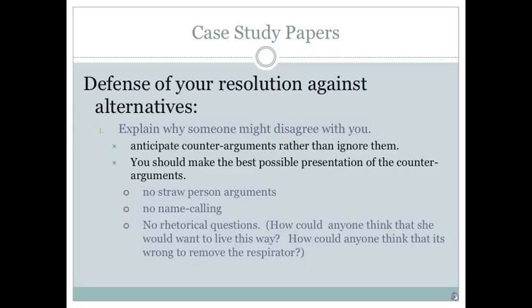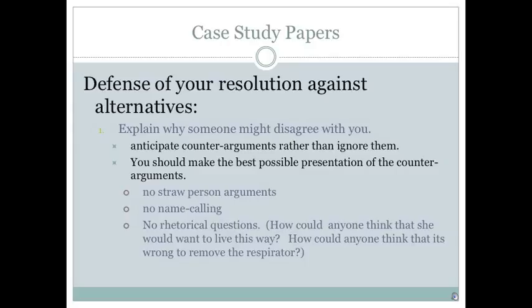You should avoid name calling. Simply labeling a particular argument with a name is not moral reasoning. You should also avoid rhetorical questions. A rhetorical question is one in which you're not really anticipating an answer, but you're raising the question to make a point.